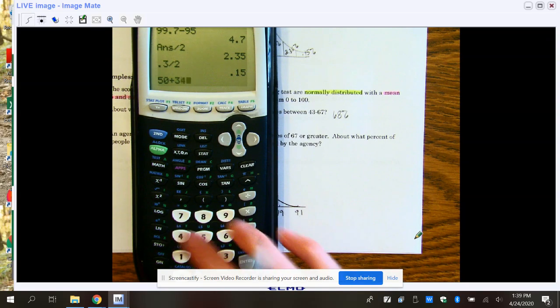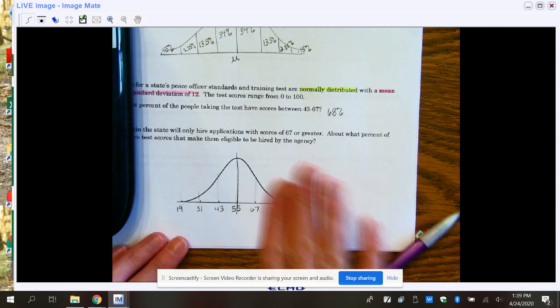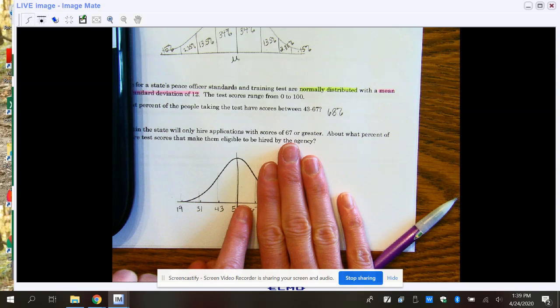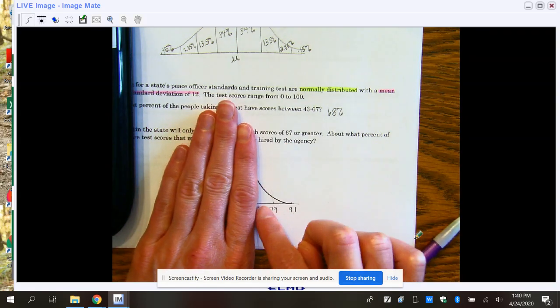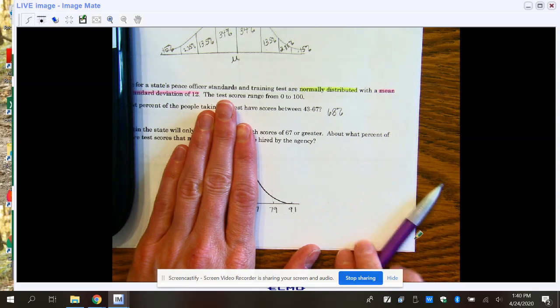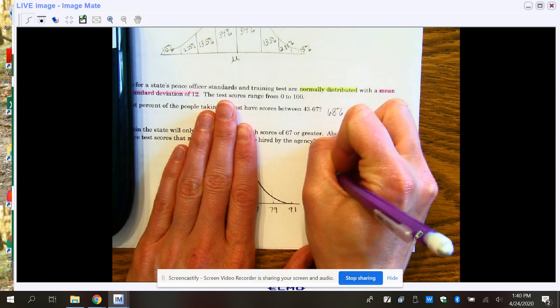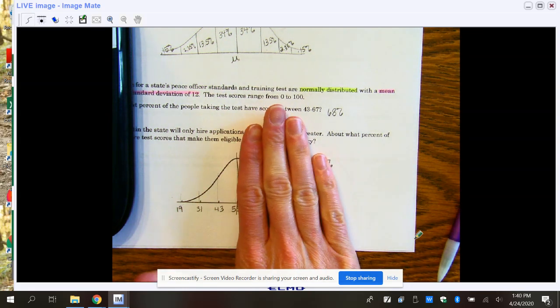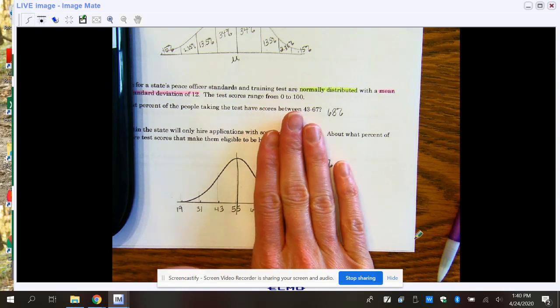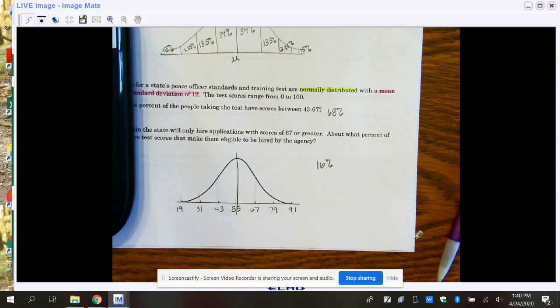So 50 plus 34 is 84%. So if 84% of people scored below a 67, that leaves 16% scoring higher than that to get to 100%. So again, instead of finding all these little pieces, I just usually break it into one chunk and then whatever else I need. But it's totally up to you.